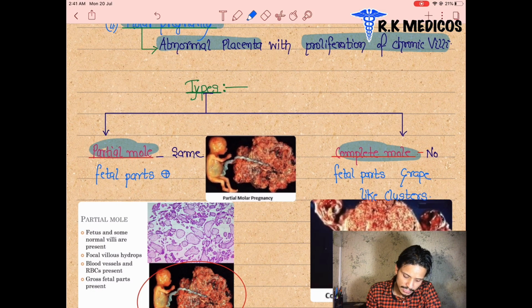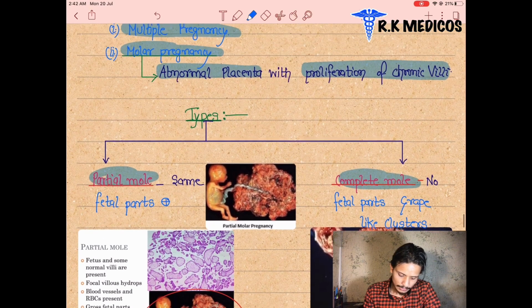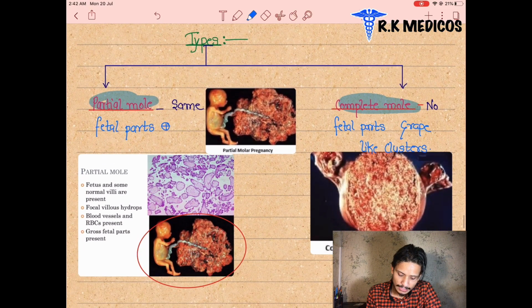What does partial mole mean? Only a few fetal parts can be seen in the molar pregnancy, but in the complete mole the fetal parts are not present.